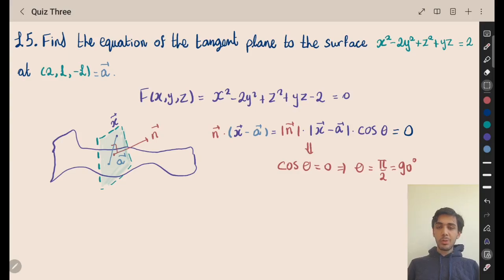And if theta is equal to 90 degrees, then this point is on the plane because it is adjacent to A, meaning that the angle between this blue line here and this n is also 90 degrees. So that is basically a recipe. This precise statement is a recipe for us to find a tangent plane.